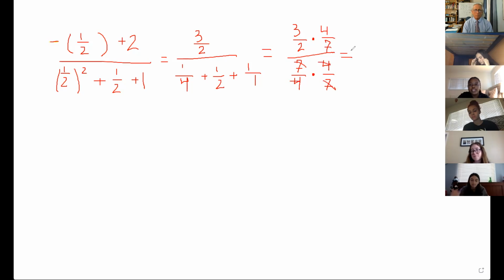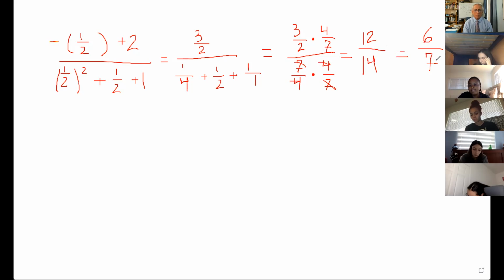And so 3 times 4 is 12, and 7 times 2 is 14. And then you have to simplify it, which equals 6/7. And that's our answer. So let's take a look. Okay, so everybody got that written down?